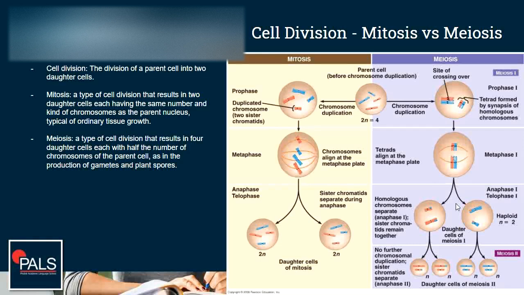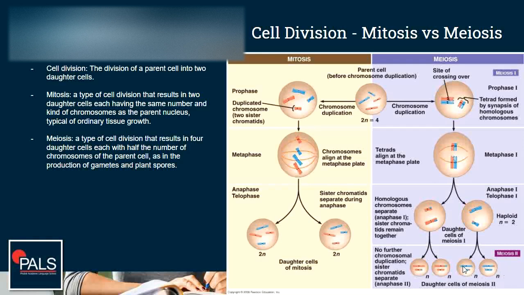Once the homologous chromosomes got separated, we get two daughter cells, and these two daughter cells then undergo a second step of meiosis, which is called meiosis 2. And there, similar as in mitosis, the halves of the chromosomes get separated, and we in the end get 4 cells which are genetically different from each other.